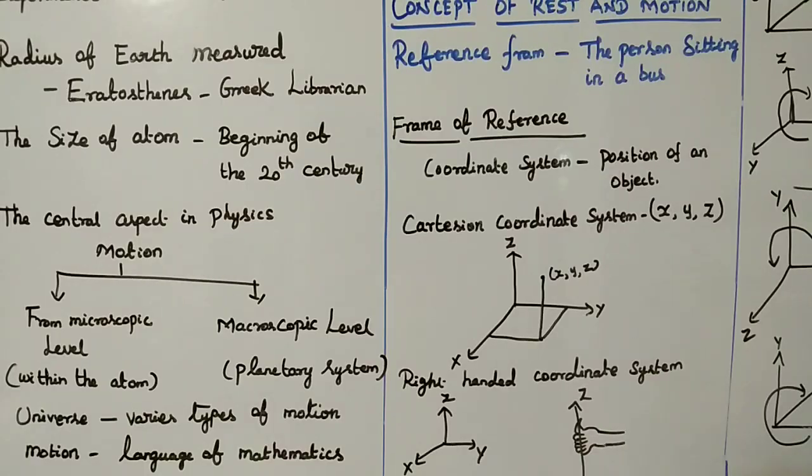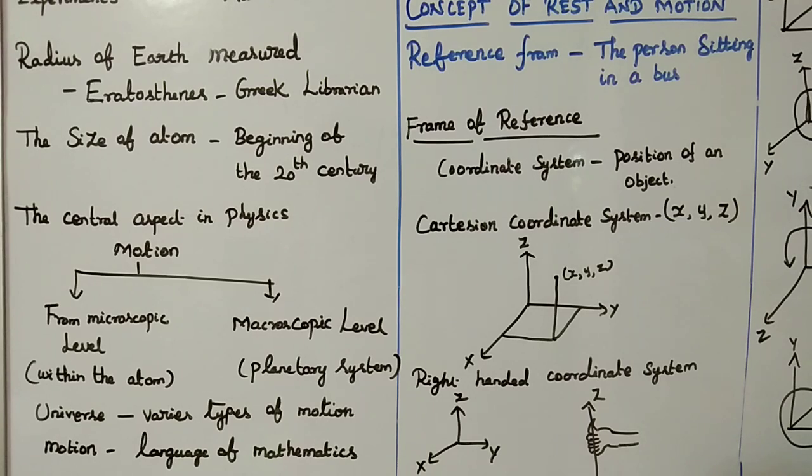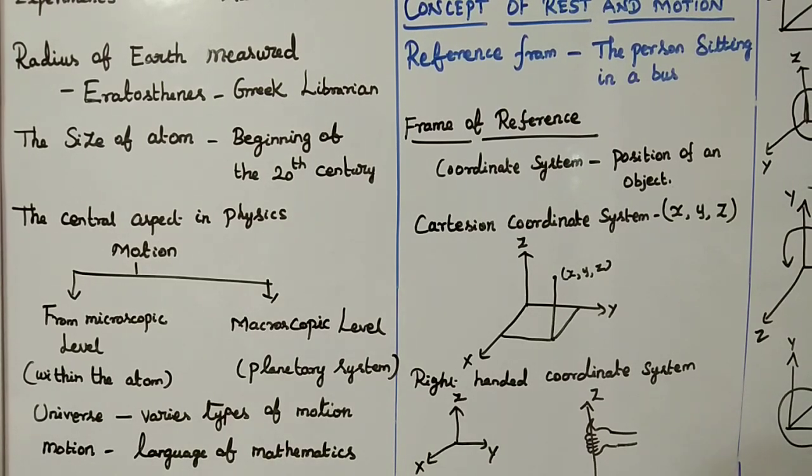If it is beyond the planetary system, it comes under the macroscopic level. The universe, meaning all the planets, is explained by various types of motion.